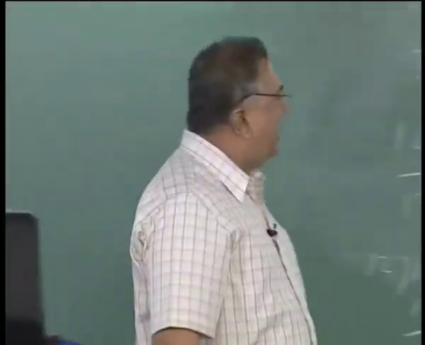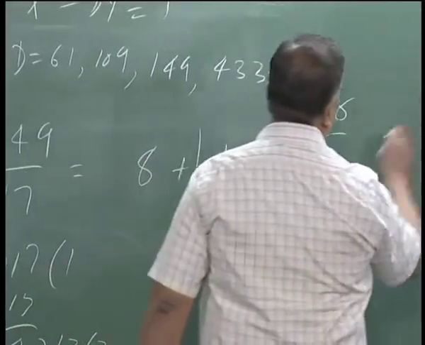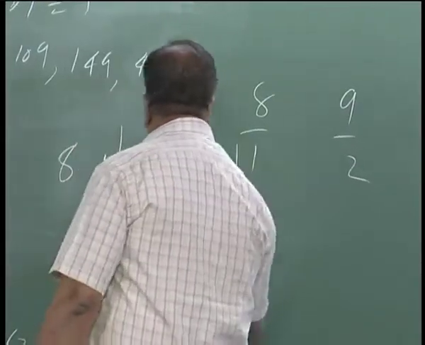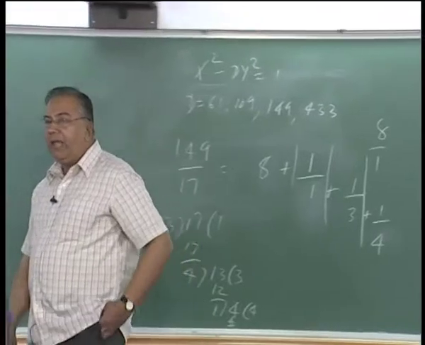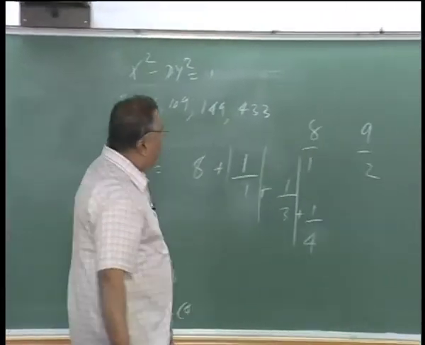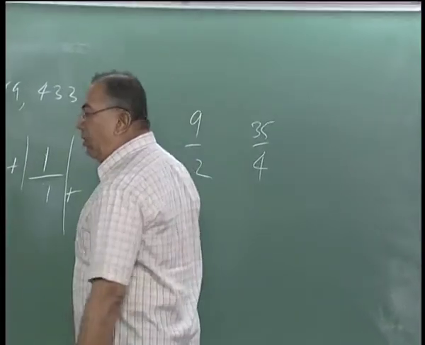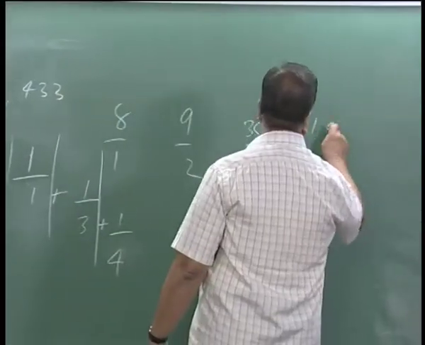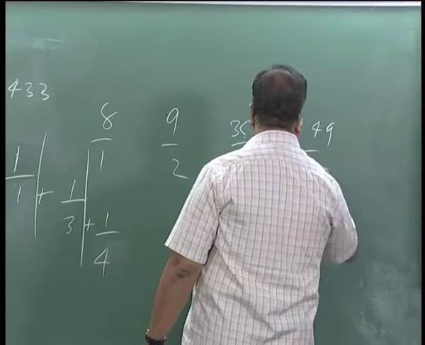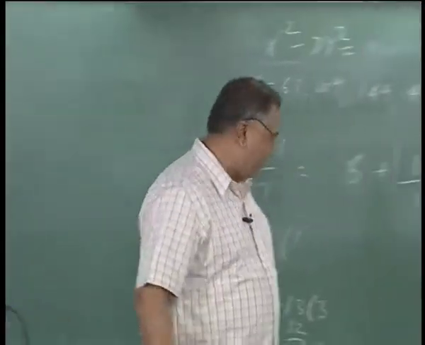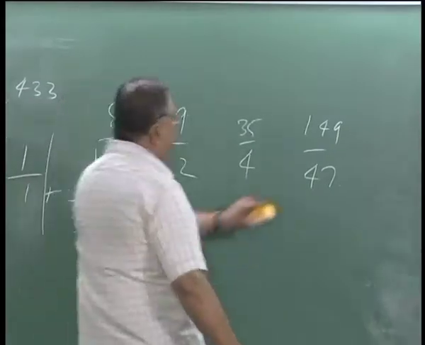So 8 by 1 is the first convergent, 9 by 1 is the next convergent if you terminate it here. If you terminate it at the place 3, you will have 35 by 4, and if you go all the way, it is 149 by 17, sorry, whatever we started with, thank you.